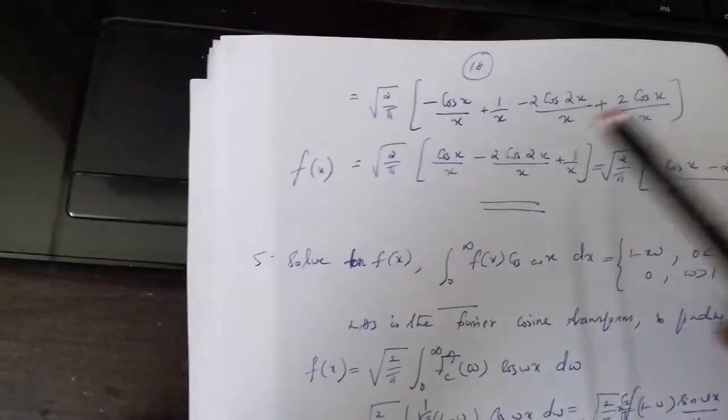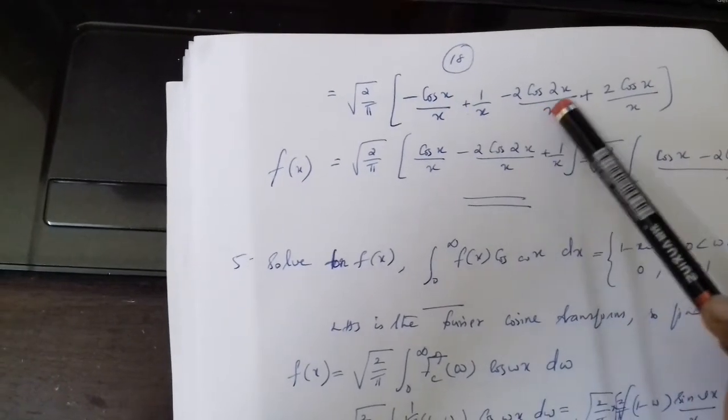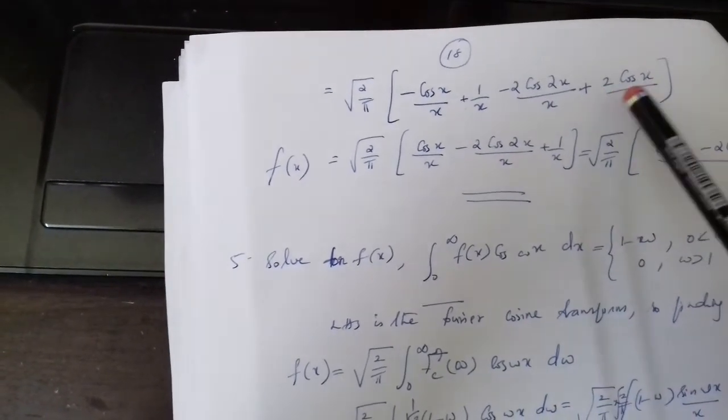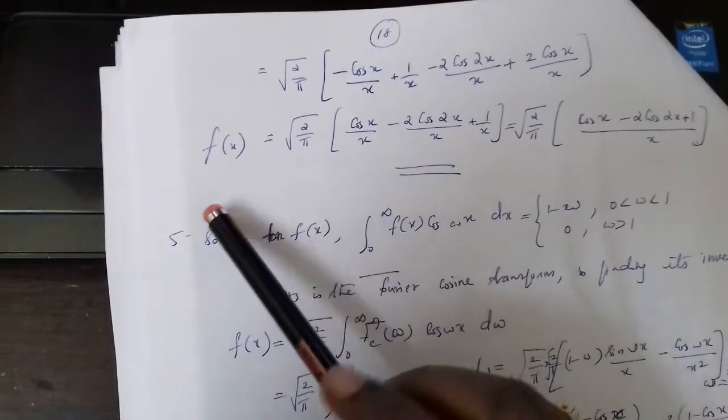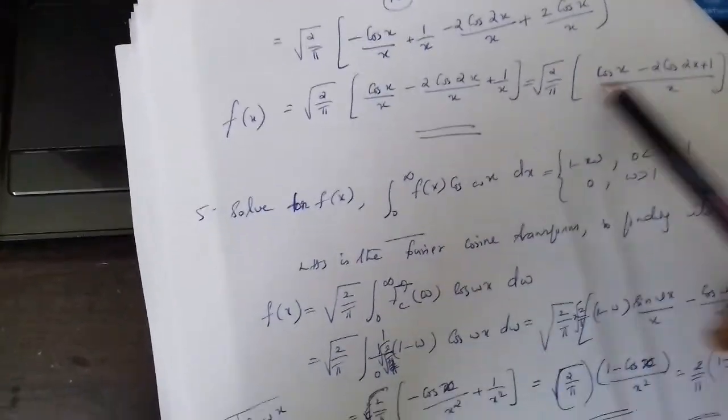So you will be getting root of 2 by pi, minus cos x by x plus 1 by x minus 2 cos 2x by x plus 2 cos x by x. That is, f of x is this value, whole divided by x.